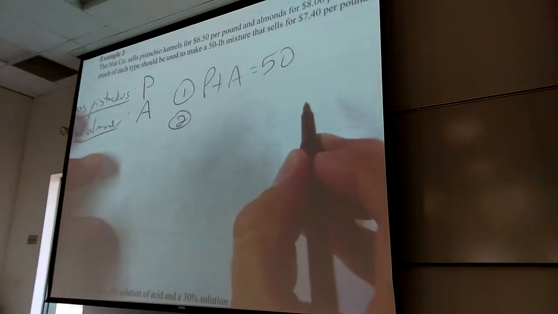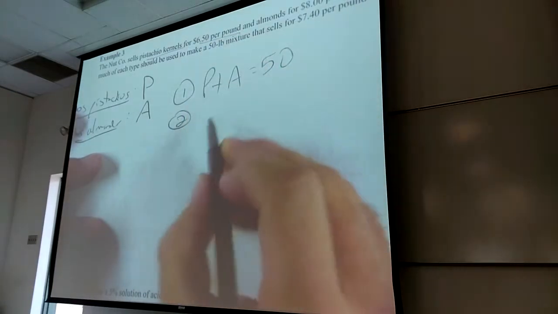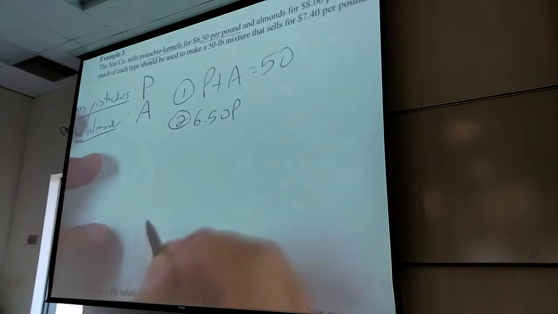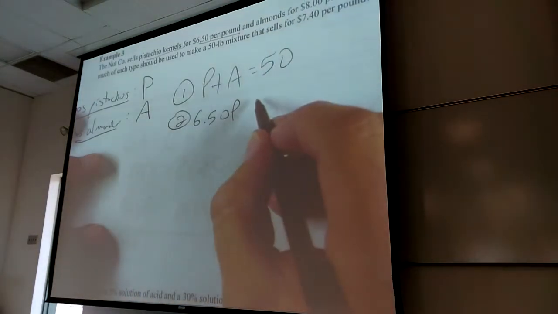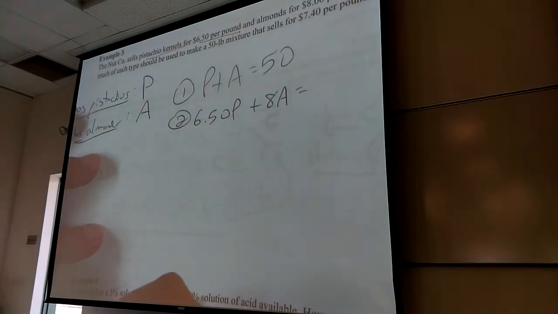Now, the mistake people make here is a subtle one. But how do you think the next equation starts off? The pistachios are 650 per pound. 650p, I like it. Plus 8a. So that's the mistake people make.